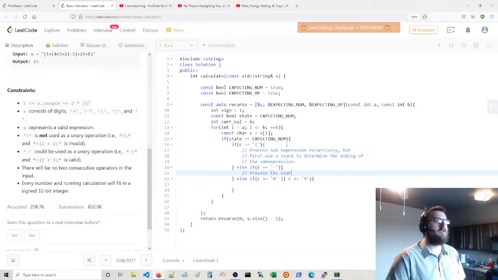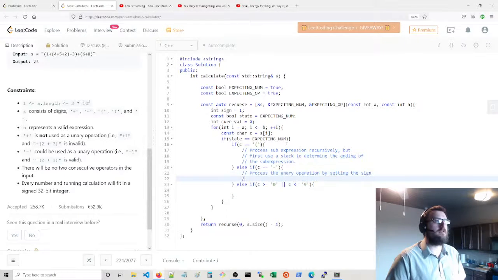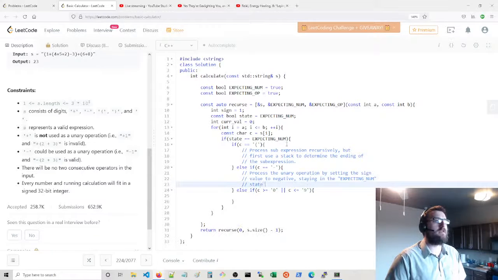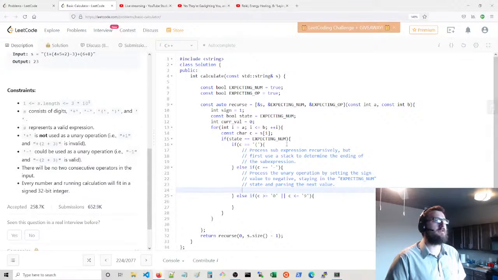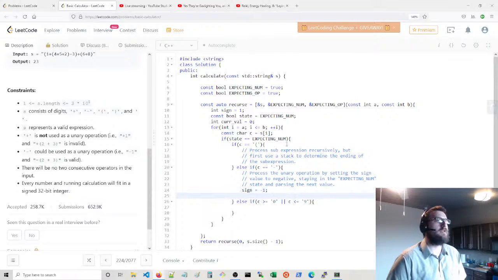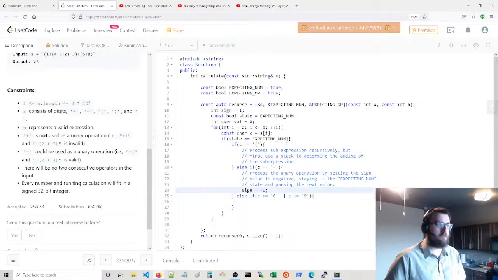Process the unary operation by setting the sign bit to negative and staying in the expecting num state and parsing the next value. In this case, it's somewhat iterative, so we'd say sign equals -1, and the state stays the same. Update.